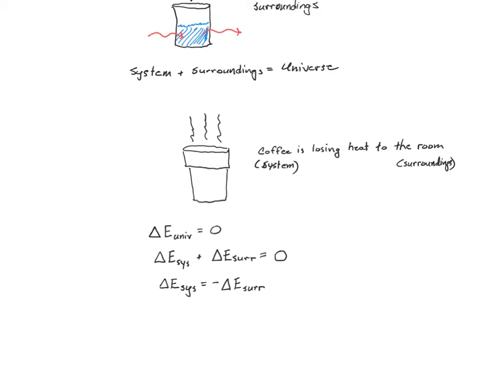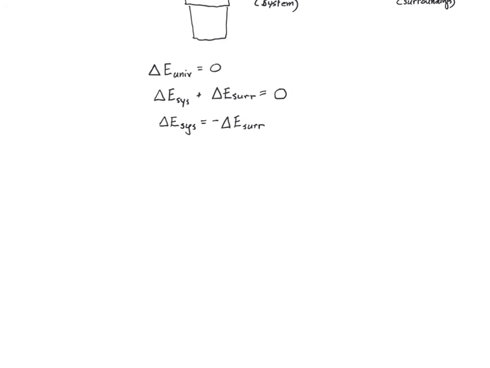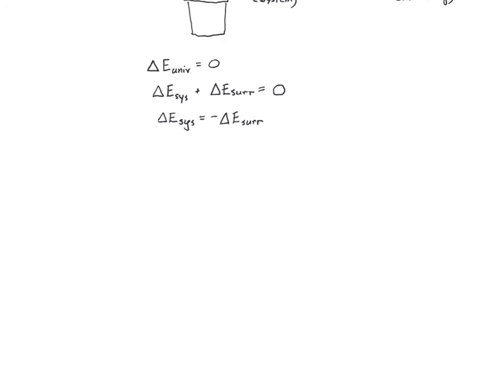Now, for a moment, let's simplify things a little bit. When you think about it, we certainly cannot calculate the energy in the universe, and we certainly cannot calculate the energy in the surroundings, because the surroundings include the rest of the universe. But we can calculate the amount of energy within a given system. So we're going to focus on that.